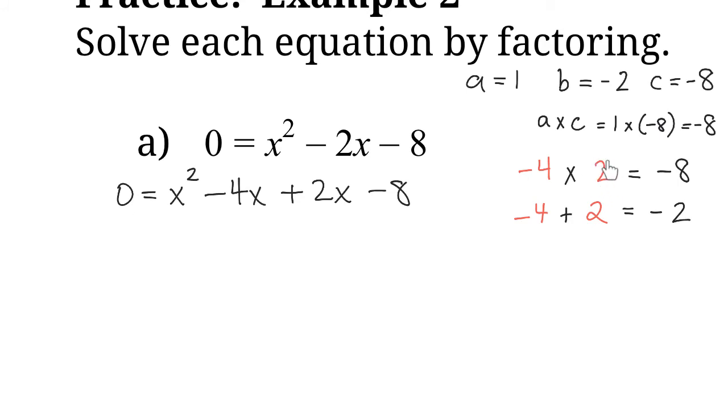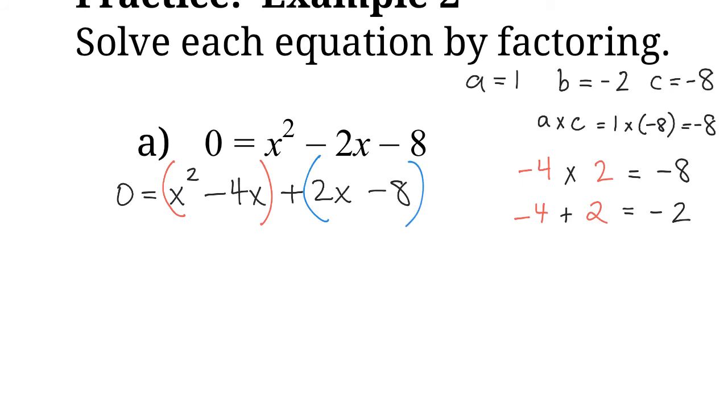My second magic number was a +2, so here's my +2. I attach an x to that, and we keep the number from the very end of the equation, which is a -8. So now our next step is to group together our terms. So I'm going to group together the first and the second term, and I'm going to group together the third and the fourth term.